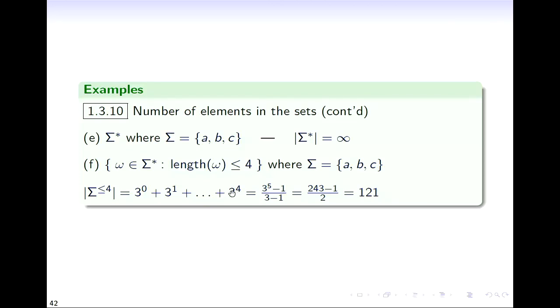And then you would replace 3 to the power of 5 here by 2 to the power of 5, which is 32, minus 1, divided by 1. And that gives you 31. So you've got exactly 31 bit strings up to the length 4. And this is all the numbers that you can represent. And with this, I'm concluding this introduction to strings.